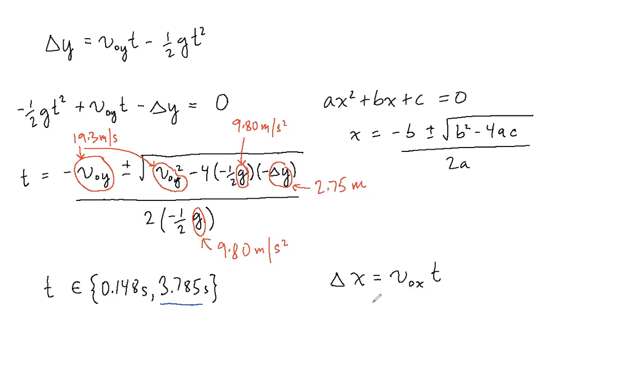So we're going to plug in what we found for the x speed, which was 15.6 meters per second, and then we're going to multiply it by 3.785 seconds. And so you do this, you get 59.1 meters.